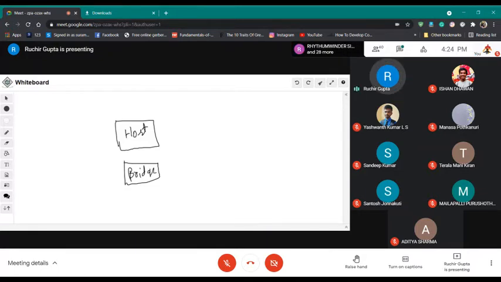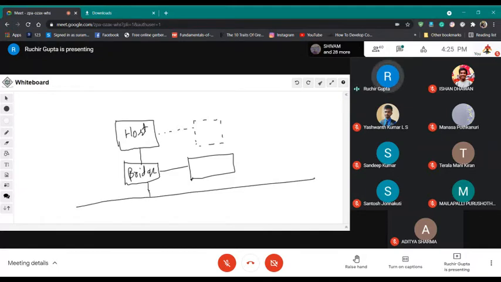And earlier we saw that there was a main memory connected here. Now the main memory can also be connected here. So this is another way of configuration. And of course, then it will be a PCI bus.